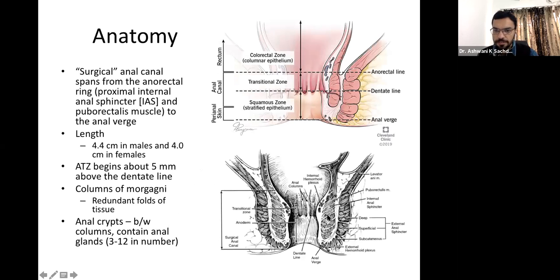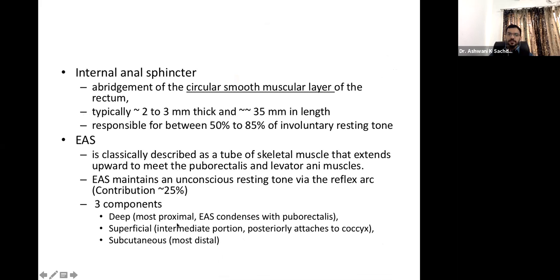So here you can see the external anal sphincter. It moves up and meets the puborectalis muscle, and it has three parts: the deep, superficial, and subcutaneous parts of the external anal sphincter. Of the three components, the most proximal is the deep component, which condenses with the puborectalis muscle.